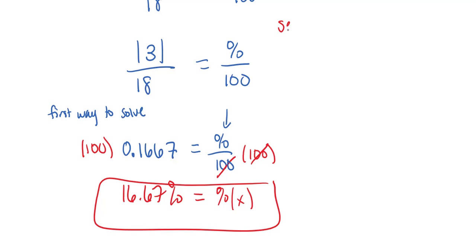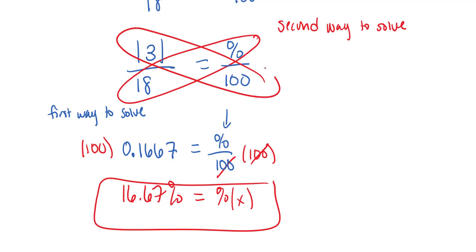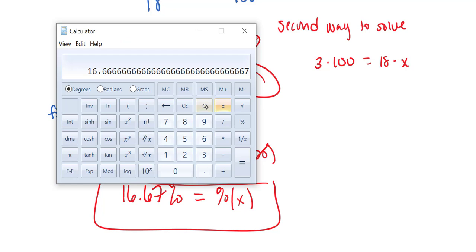Now, what if there's a second way to solve? I'll show you. We could do the butterfly way. So we could go 3 times 100, which is equal to 18 times this percent, which we can say is just x. So let's get the calculator out again.